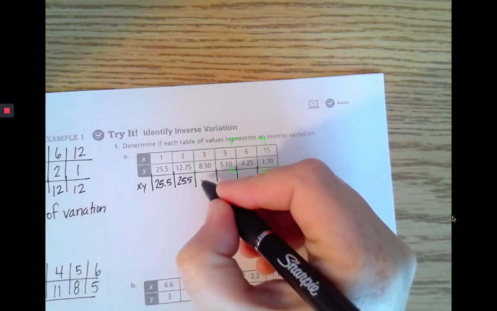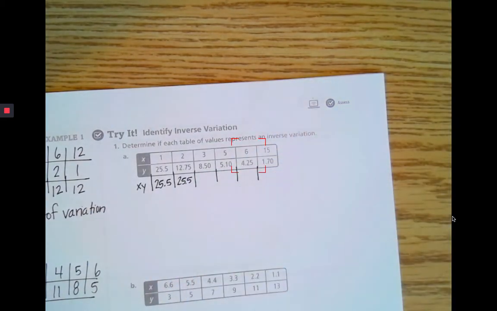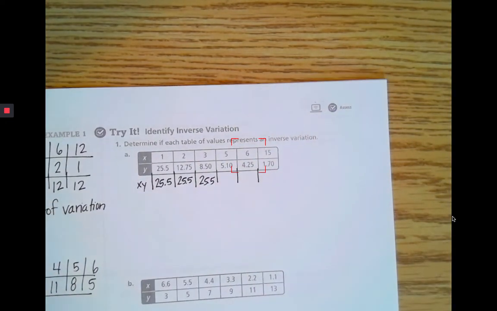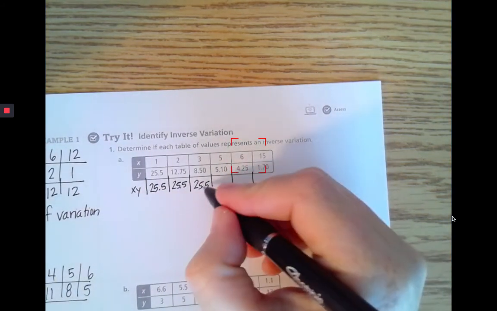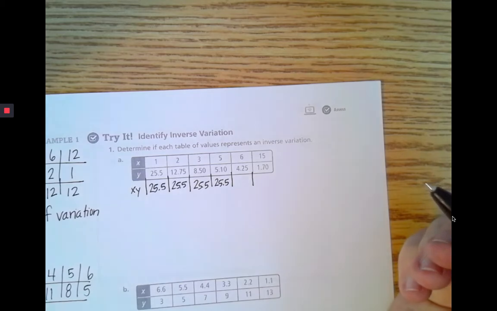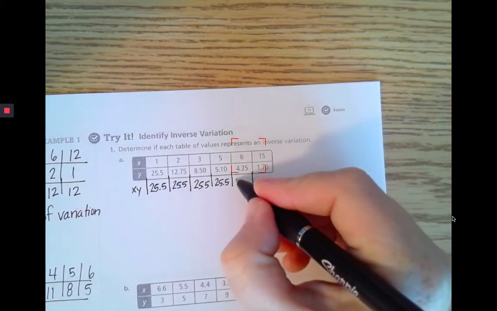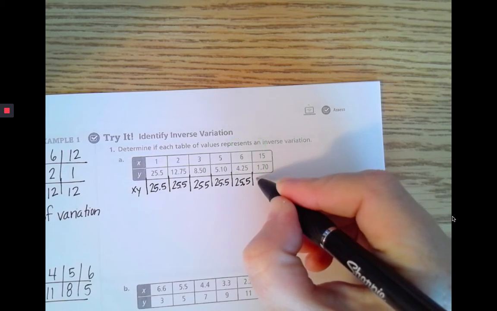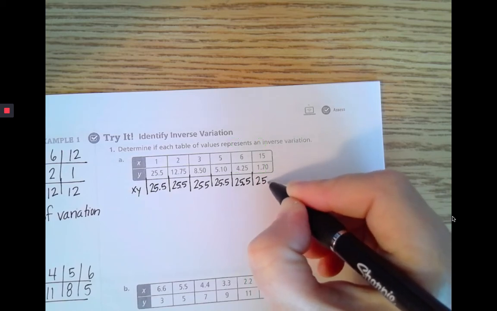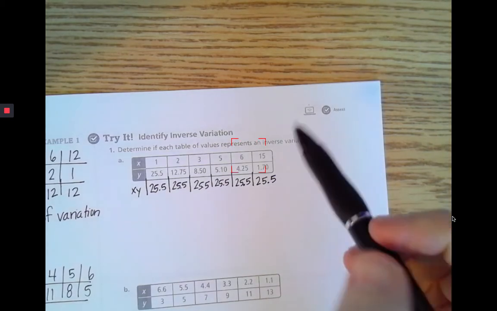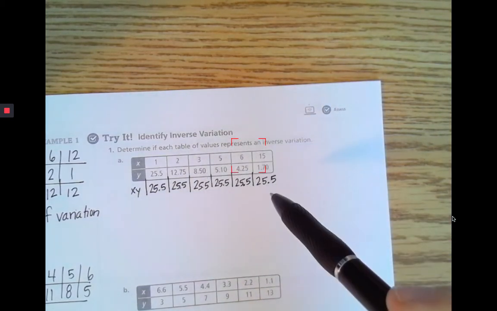Next. This is 25.5, right? And what's the next one? It's also 25.5, right?